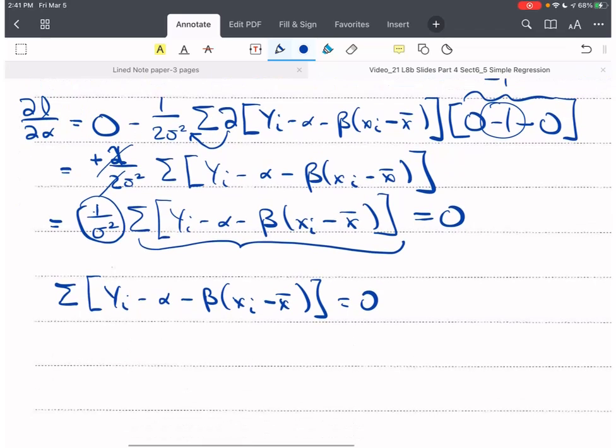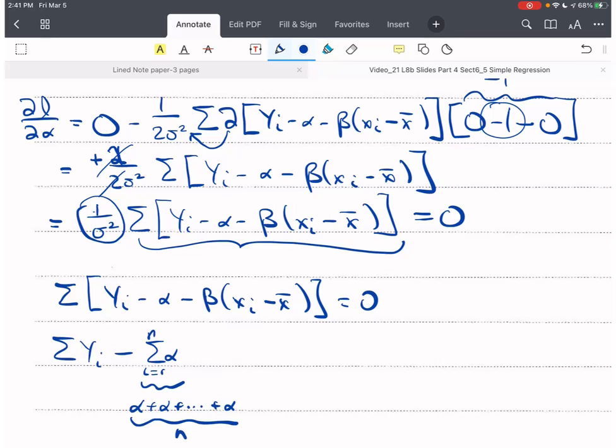And now I can distribute the summation. I'll have the sum of yi minus the sum of alpha, but there's no alpha i. It's just alpha, a constant. I'm going to do that n times, so there are n of these, and I'm going to have n times alpha.